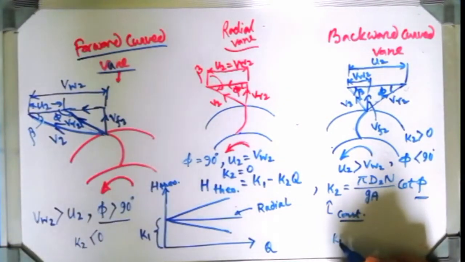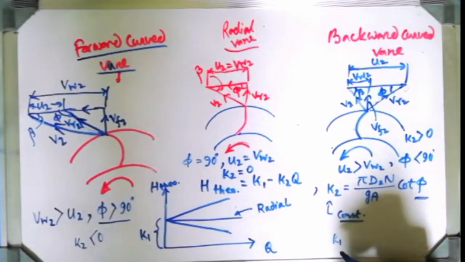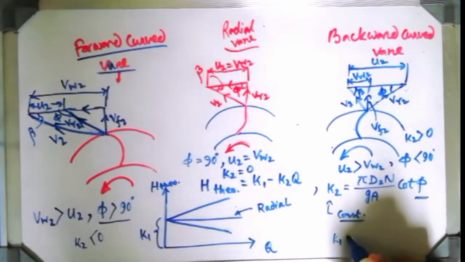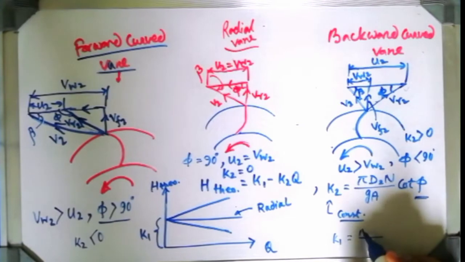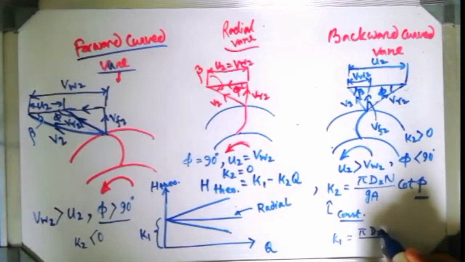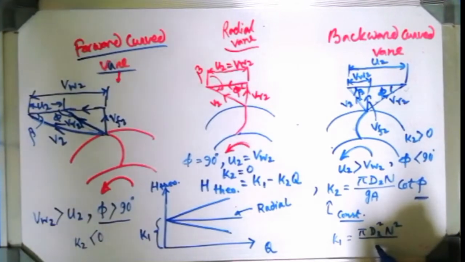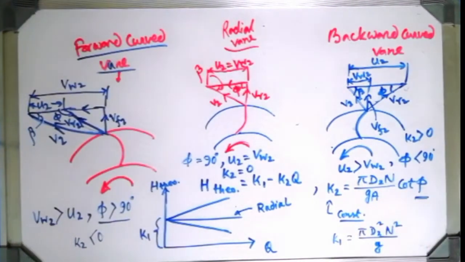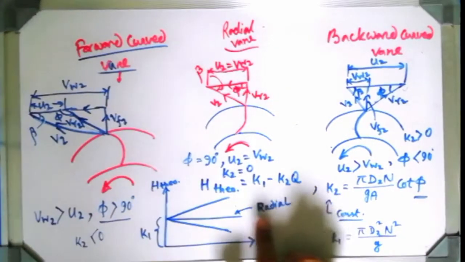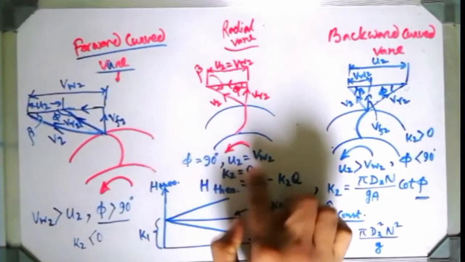I have explained one expression for K1, you can see over there that K1 is nothing but pi d2 square n square by g. So if you want to get the plot for the radial vane, it will give you a horizontal straight line, this one, because this condition is there.